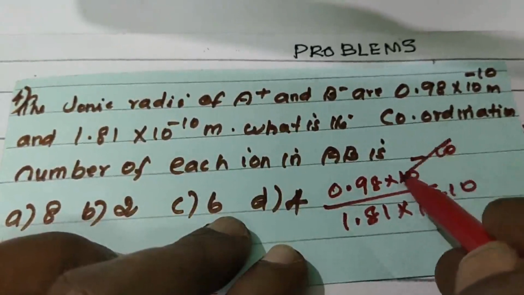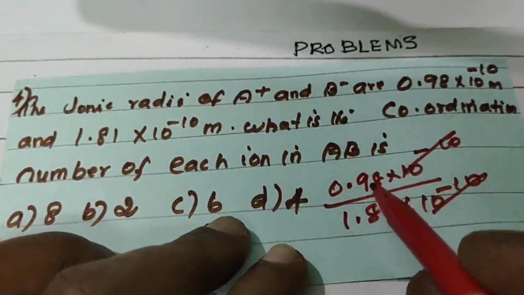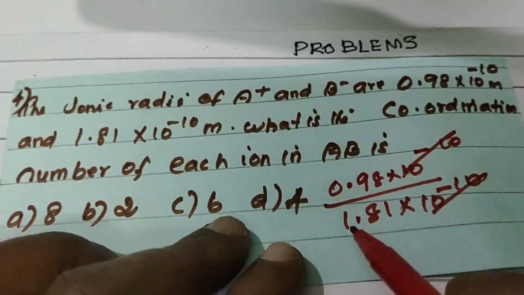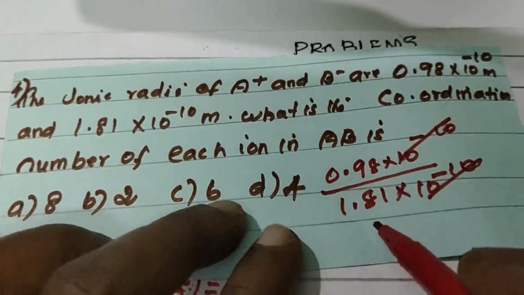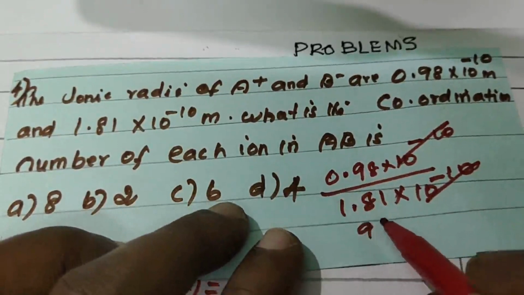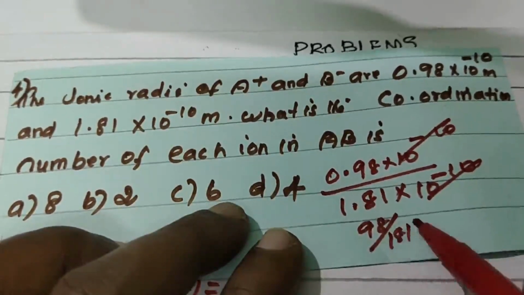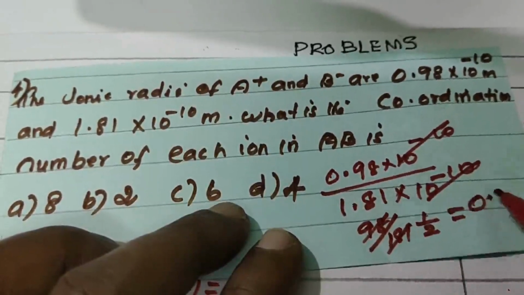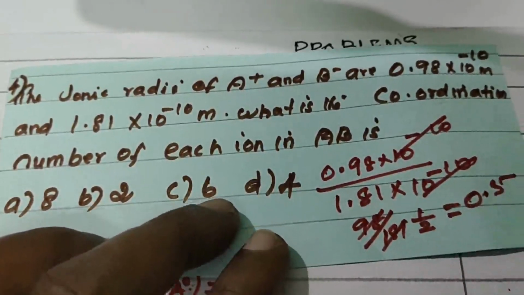The powers of 10 cancel, so it is simply 98 divided by 181, approximately 1 by 2, which is 0.5.